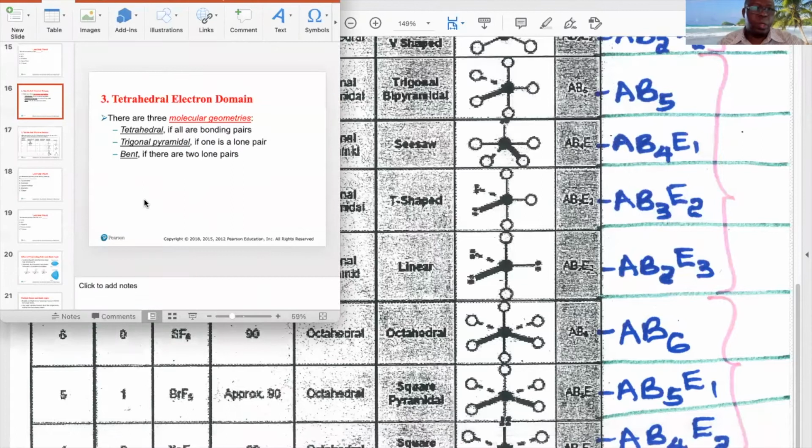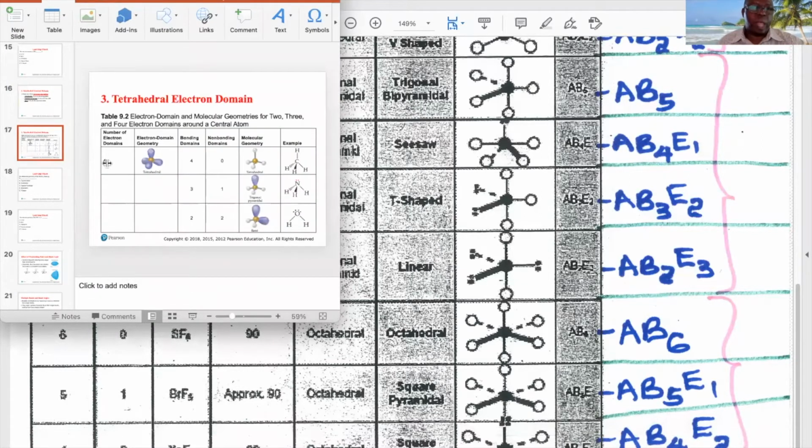So these are the 4 domains which you can use to describe the electron domain geometry, which includes the lone pairs. But for molecular geometry, we only look at the atoms bonded to the central atom. This has 3 atoms and the lone pair. So all of them have 4 domains.